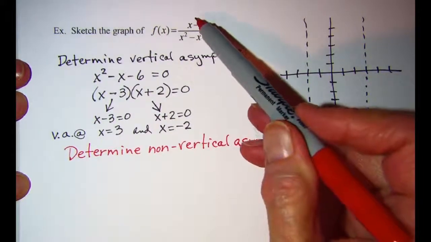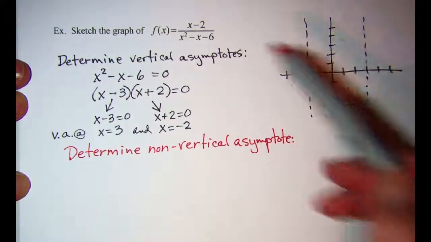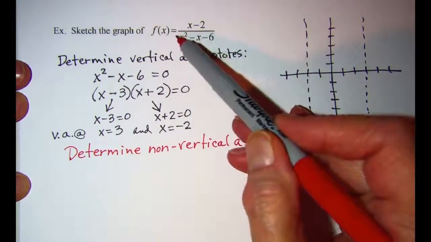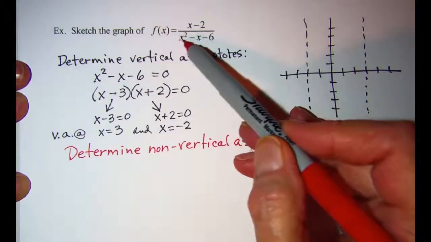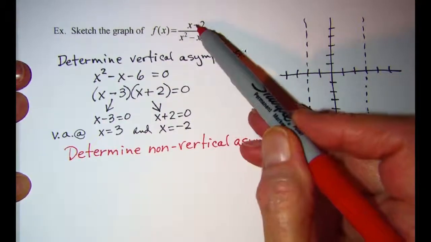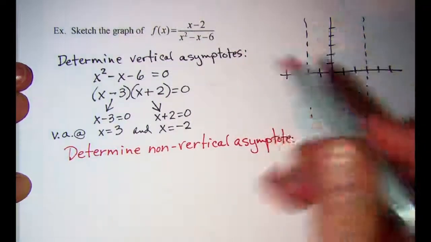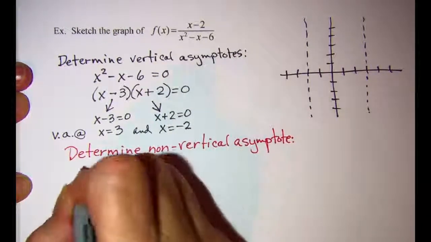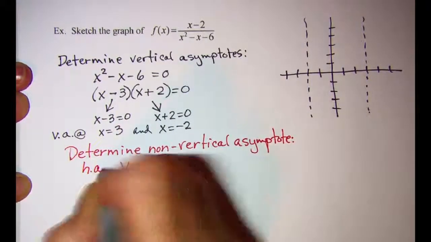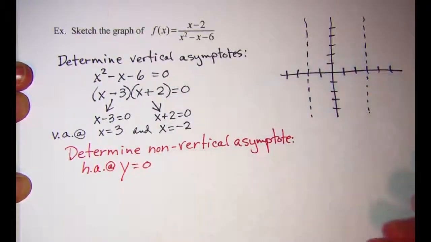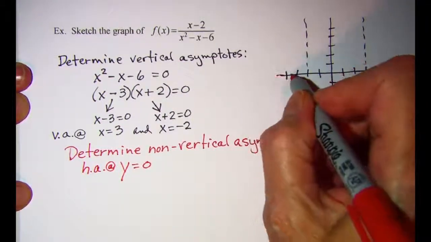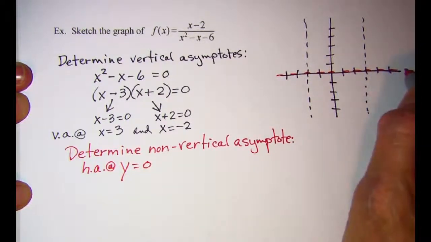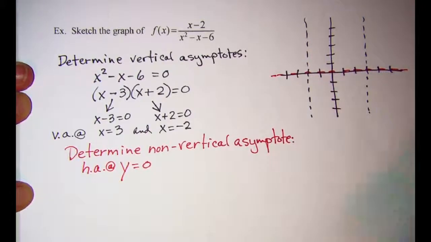Notice the numerator is a first degree polynomial. The denominator is a second degree. Whenever the bottom degree is larger than the degree of the top, then y equals 0 is the horizontal asymptote. So let me draw that in. y equals 0 is my horizontal asymptote.